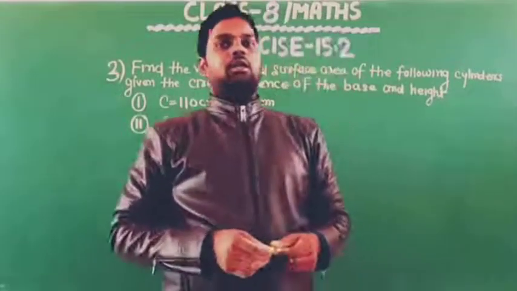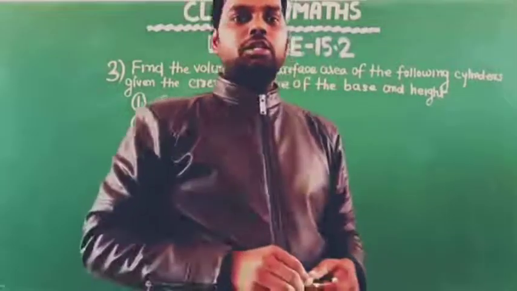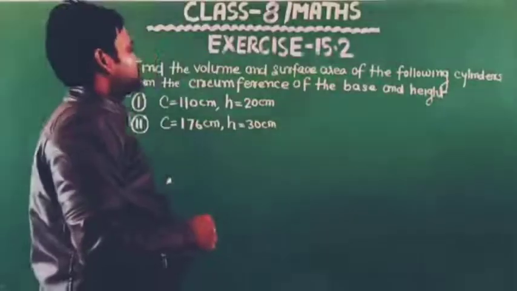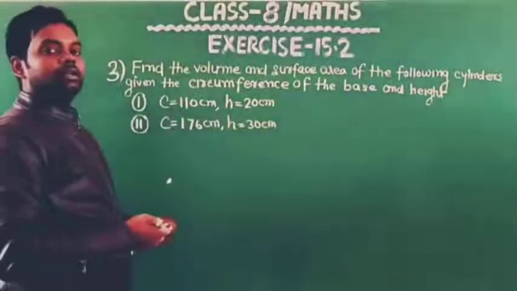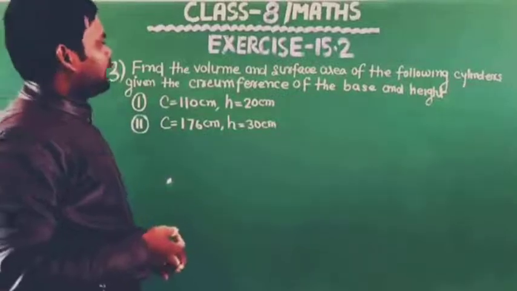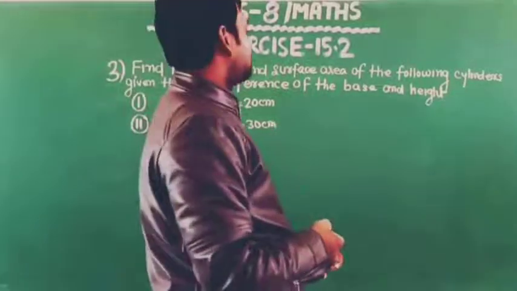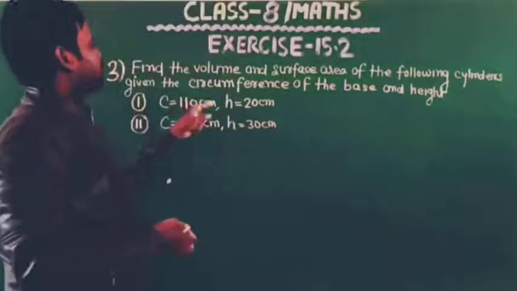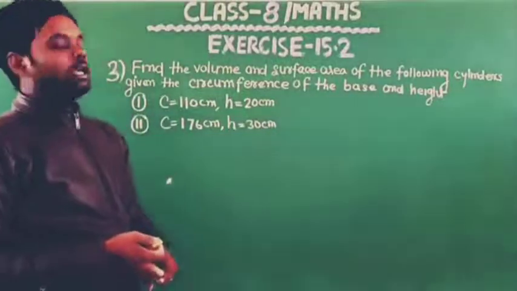Okay children, now move to question number 3. In this question it has been said to find the volume and surface area of the following cylinders, given the circumference of the base and height.